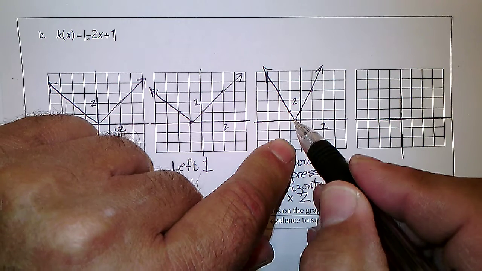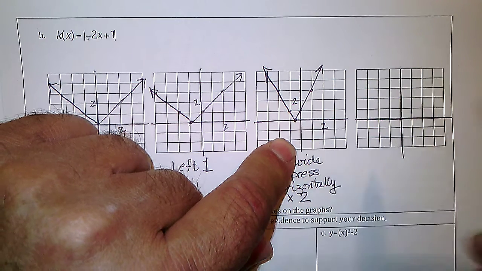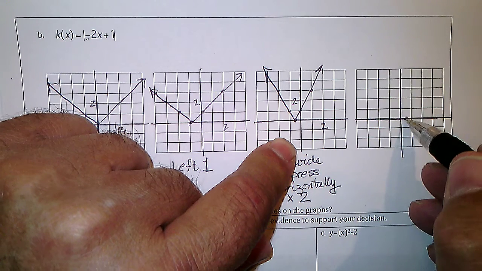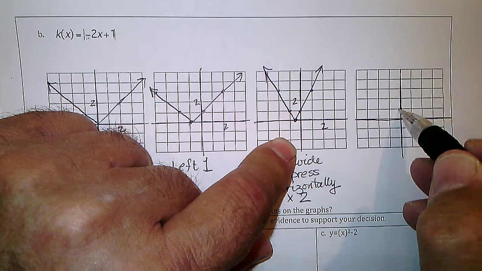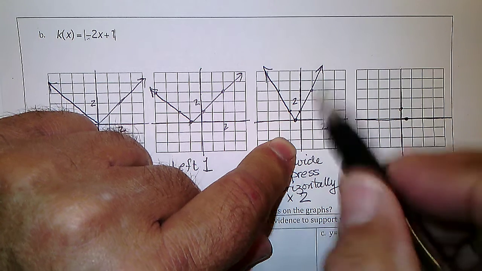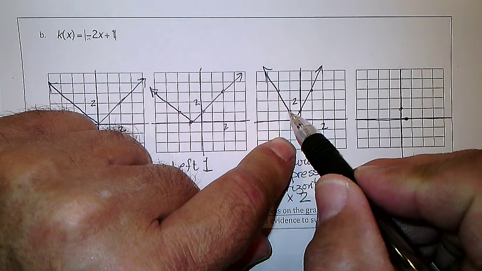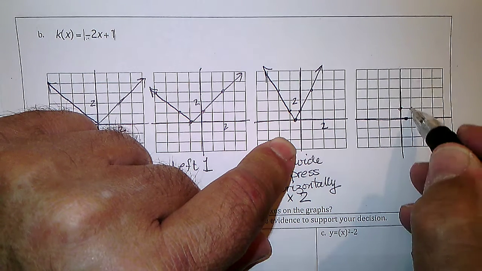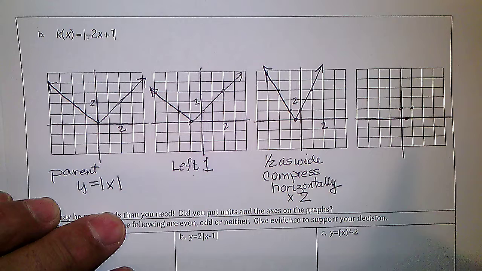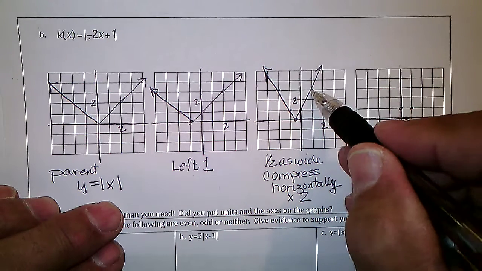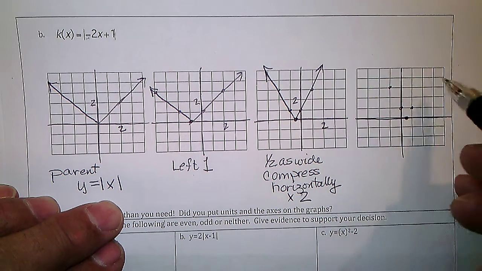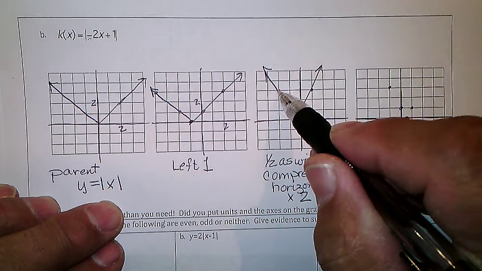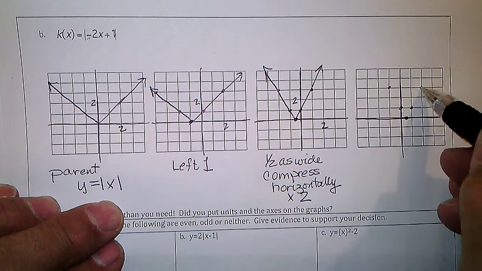So where it's -1/2 goes to +1/2. Where it's on the y-axis, stays on the y-axis. Where it's -1 goes to +1. Where it's +1, over 1 from there, will go to -1. And where it's -2, it will go to +2.